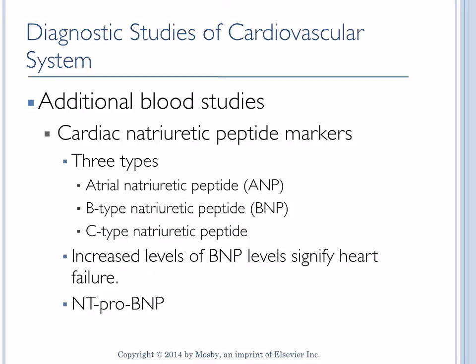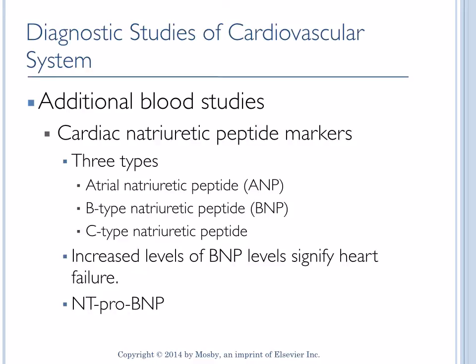Now, for these peptides, the A in ANP is for atrium, so the ANP peptides come from the atrium. BNP peptides come from the ventricles, and the C type peptides come from endothelial and renal epithelial cells.